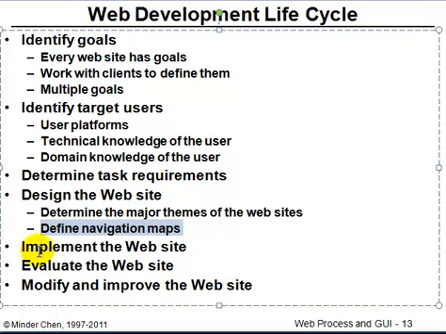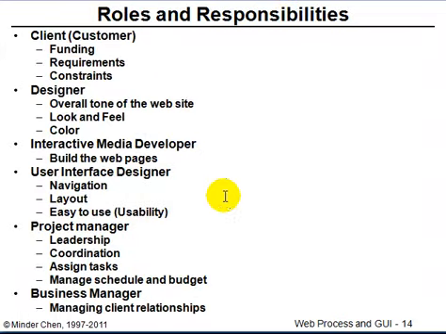Eventually you would implement the site using various web development tools, evaluate the website, and based on your evaluation and feedback from the user, you want to modify and improve your website continuously, and sometimes go back to the beginning to revise the goal or even the target users for the website.